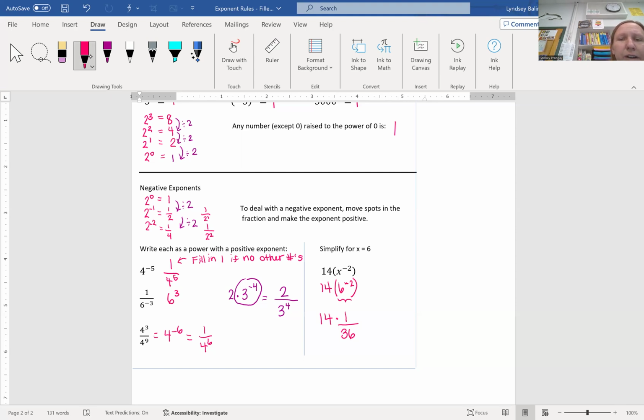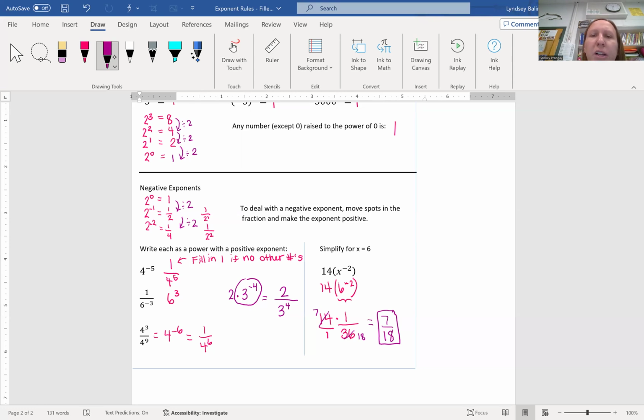And now we can simplify. If I want to put my over 1 there, that's fine. I love to cross simplify beforehand. I can divide them both by 2. So 7 and 18. Our final answer on this one would be 7 over 18.